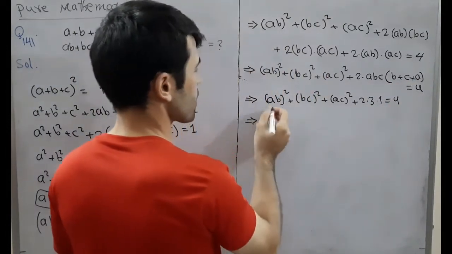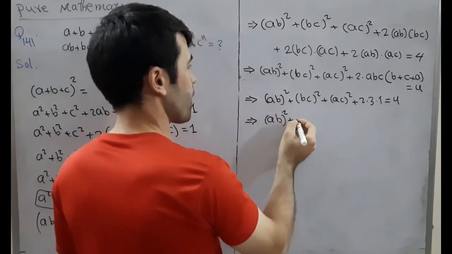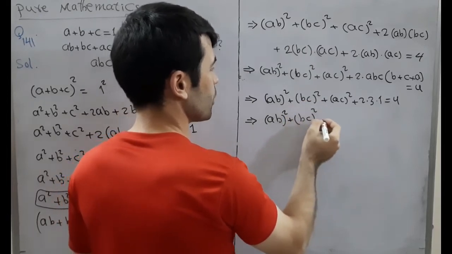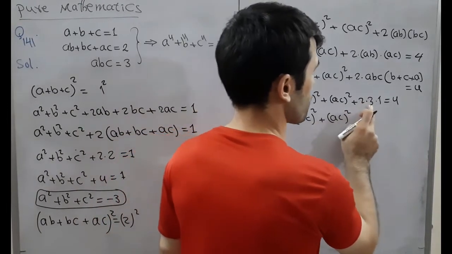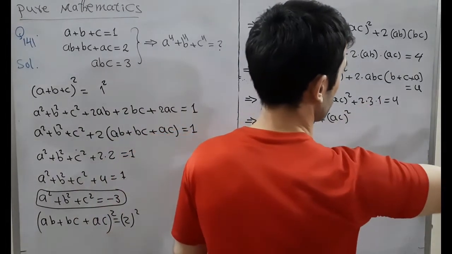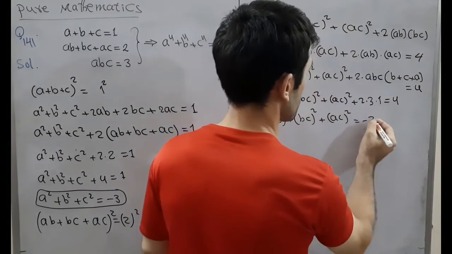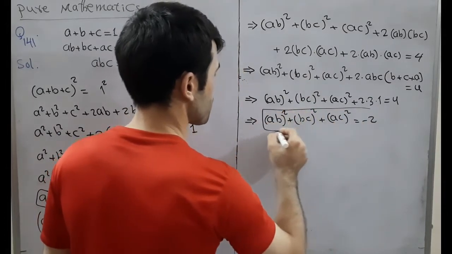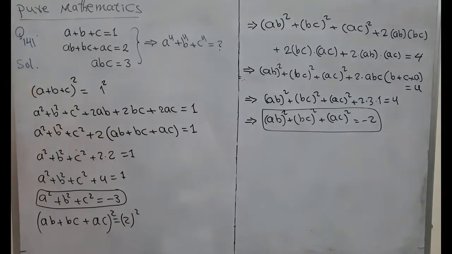This implies (ab) whole square plus (bc) whole square plus (ac) whole square, 2 multiplied by 3, 6, when transferred to the right side, we can write minus 2. It is the value of (ab) whole square plus (bc) whole square plus (ac) whole square.